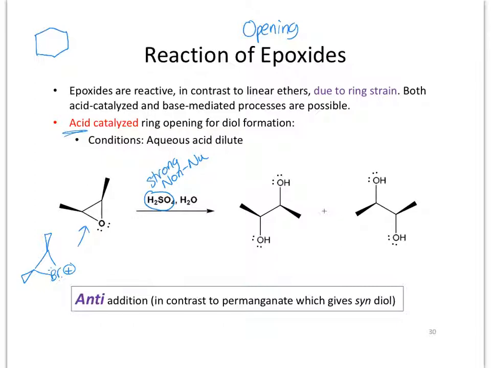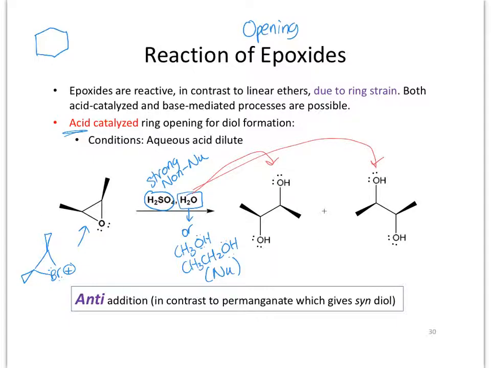And that's important because we're going to need a nucleophile in the reaction and I don't want it to come from my acid. So a non-nucleophilic acid and then water or some other oxygen with a lone pair. We could use methanol or ethanol, something along those lines, but those will do slightly different things. Basically, I want an oxygen with lone pairs to act as my nucleophile. Only water will give me the reaction products I've listed here, and we'll see why in the mechanism.